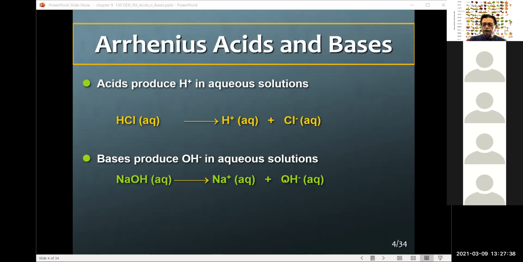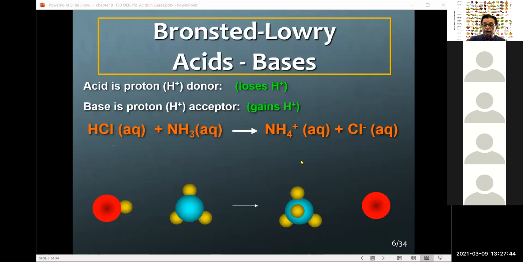Not all chemicals do that, but still can neutralize acids, okay? And so there had to be a different type of definition that encompassed more examples of compounds that were a base. And hence, this was created by Brønsted and Lowry. And so we have a definition called the Brønsted-Lowry acid and base.